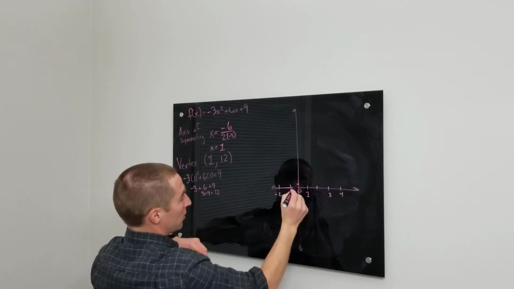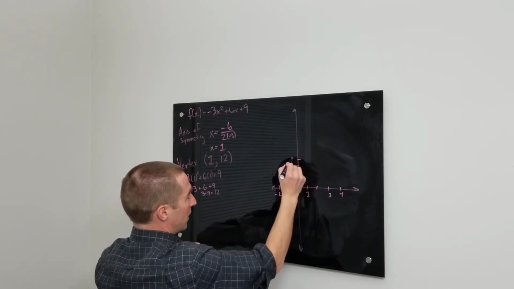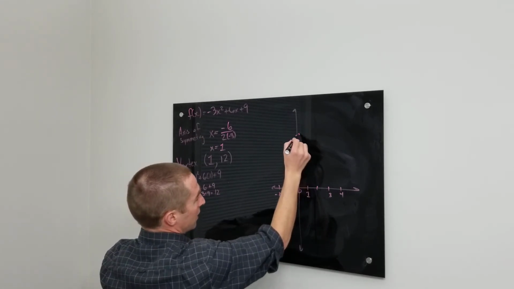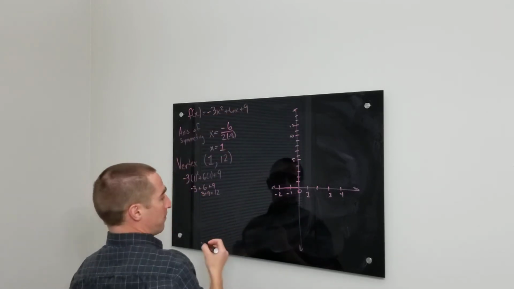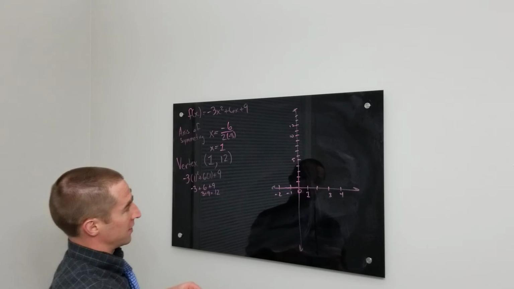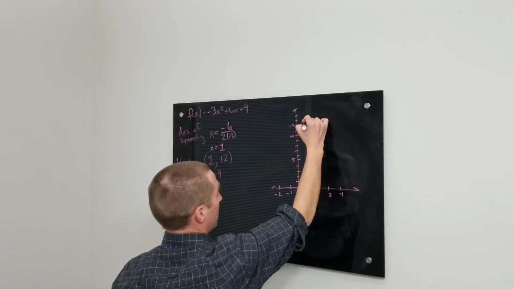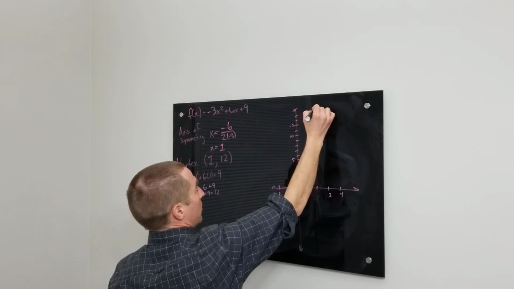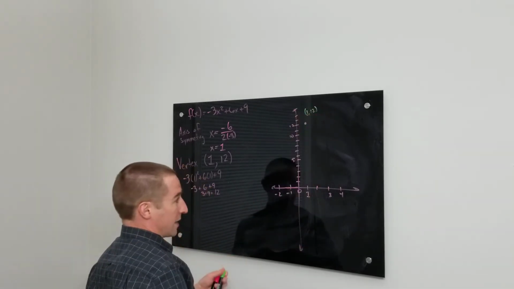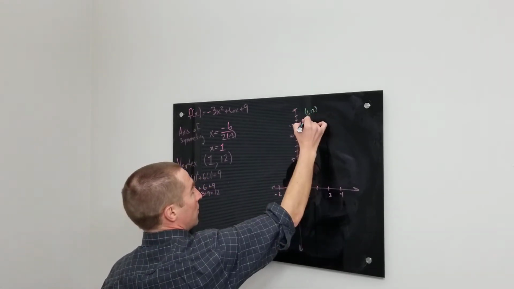I need to go up to 12. 1, 2, 3, 4, 5, 6, 7, 8, 9, 10, 11, 12, 13, 14, 15, whatever. And I'm going to put my vertex on there. So 1 comma 12. There's my vertex. And I can put in my axis of symmetry as well right there.